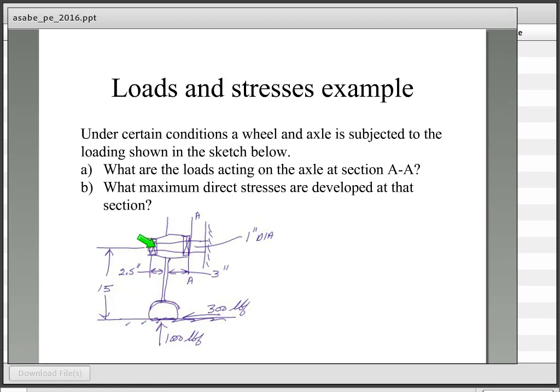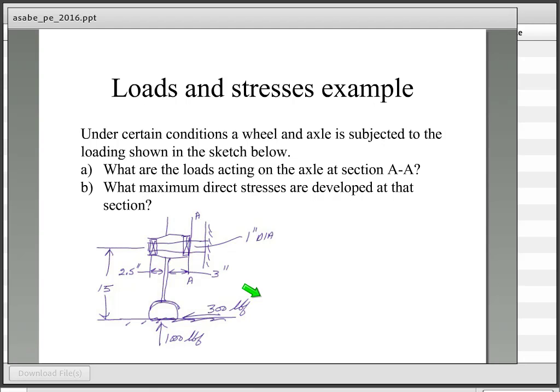We have two bearings that are separated from either side of the wheel by 2.5 inches and by 3 inches, and the axle is 15 inches above the ground, and we have a side load on the wheel of 300 pounds force, let's say.